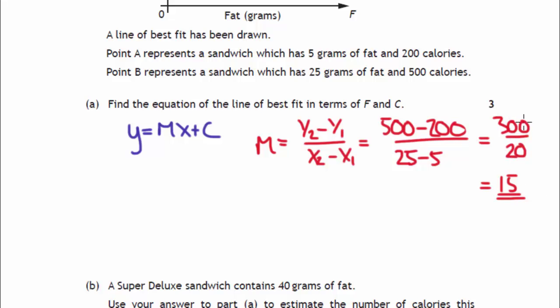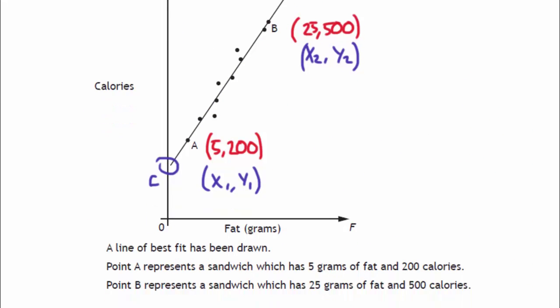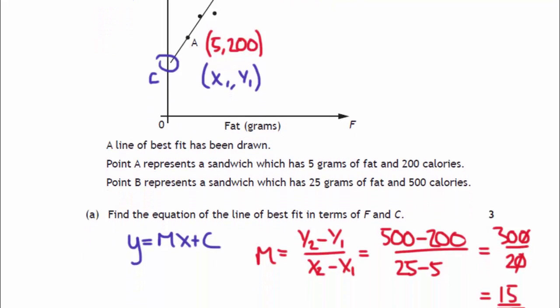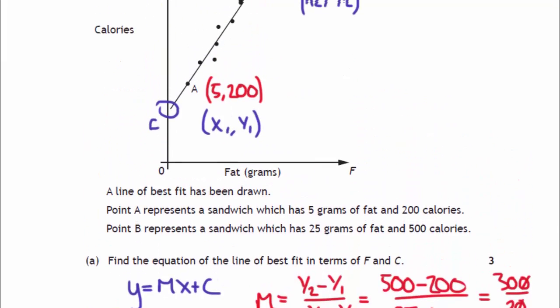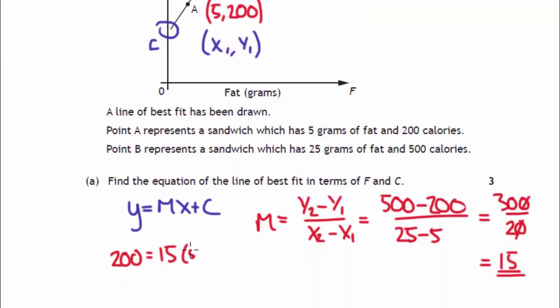So that's 15. Now, what we now need to work out is c. So what we can do is we just take some of the coordinates and we'll just put it into this equation. Okay, so we've got 5 and 200. So if we say, well, we can go 200 equals 15 times 5, and that is plus c.